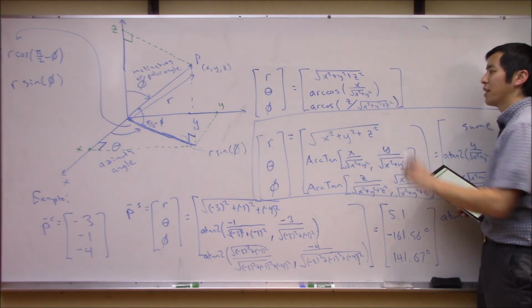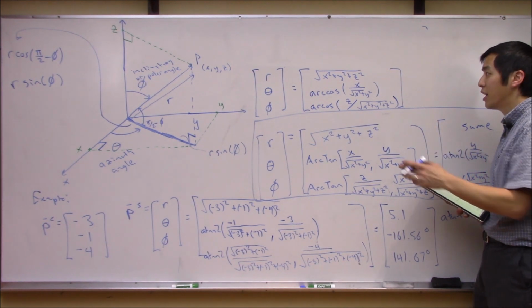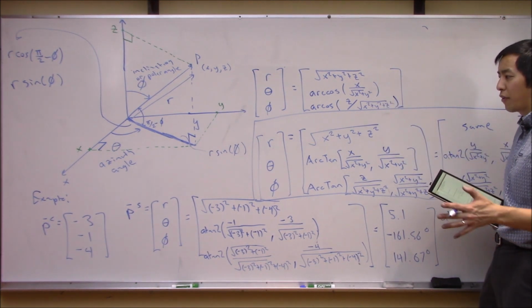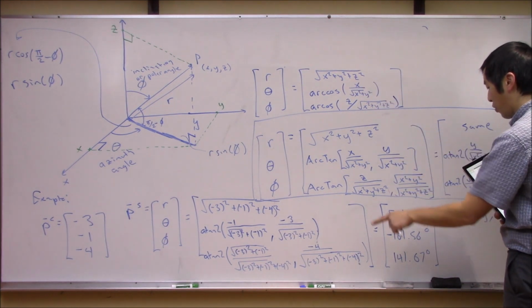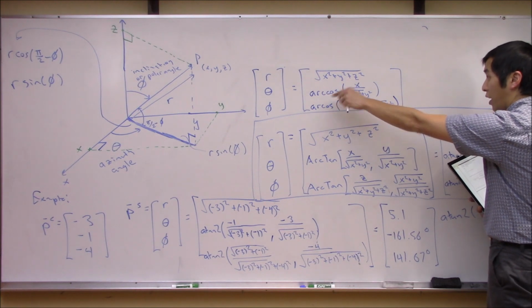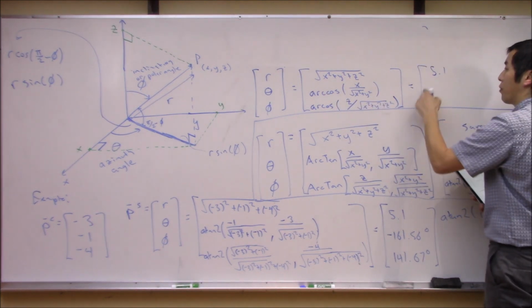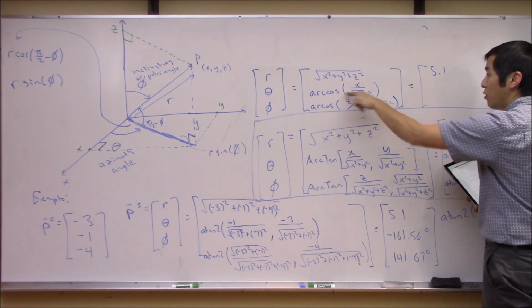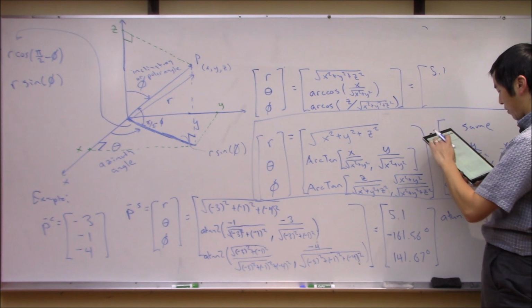And if you just plug this into MATLAB or Mathematica or whatnot, this is not going to get you the right answer. In fact, I'll leave that up as an exercise to you to show that if you do this, you'll get the radius correct. There's no way you screw that up. But if you plug this in, I think what you end up with is, did I actually write this down?